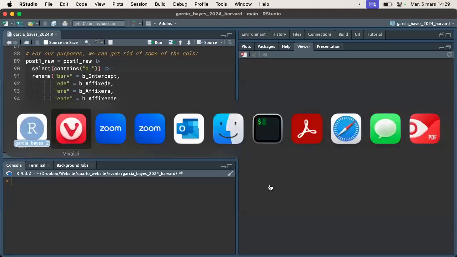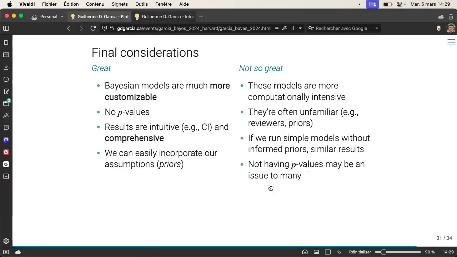So of course, there are pros and cons, right? We just talked about some of the cons, but it's also very time consuming to run the models, to decide which distributions to use. They're often unfamiliar to reviewers, for example. So when we talk about priors, there's always that debate.